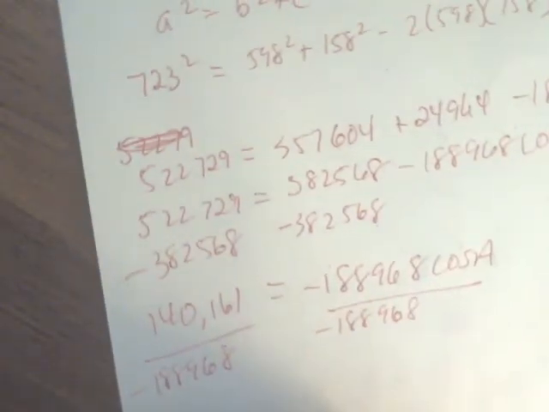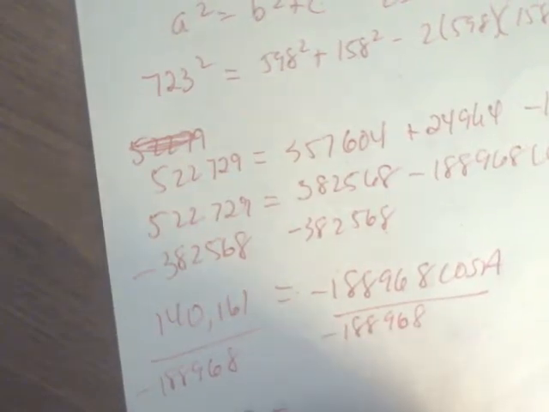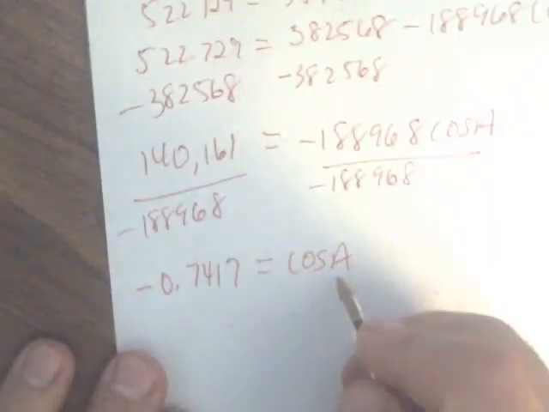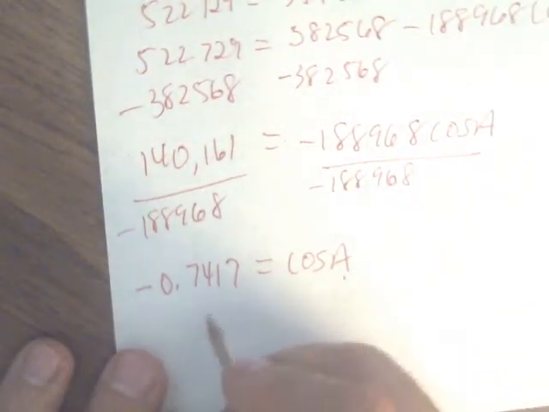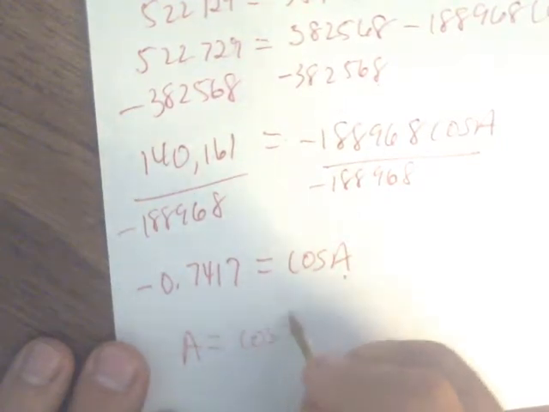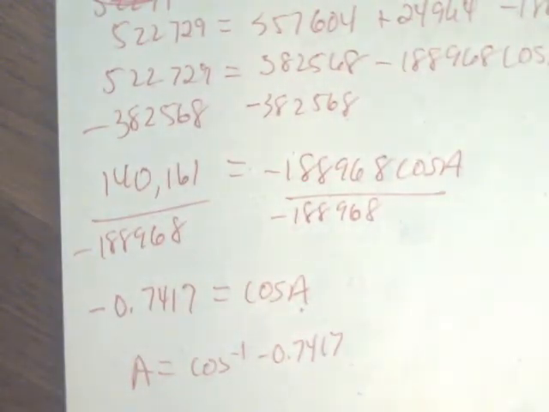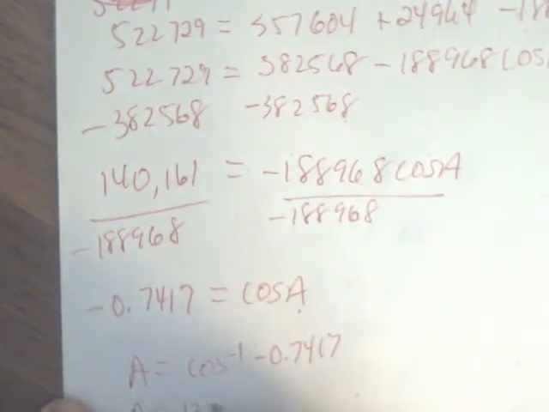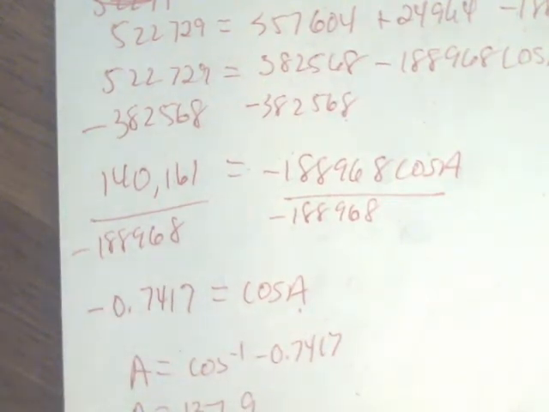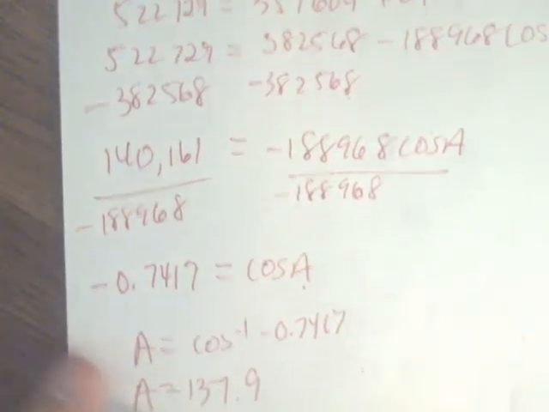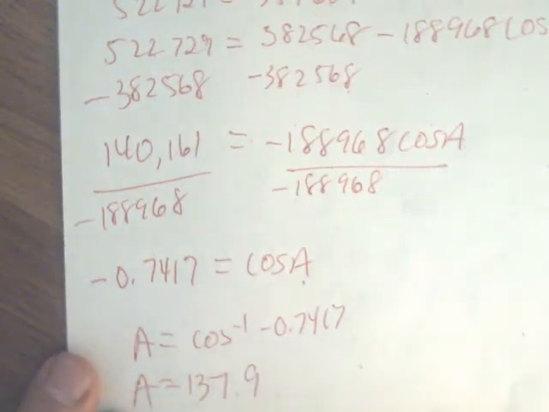So that is negative 0.7417 equals cosine A. So the angle A is cosine inverse of negative 0.7417. So angle A is 137.9 or 138, depending on what they ask you to round it to.